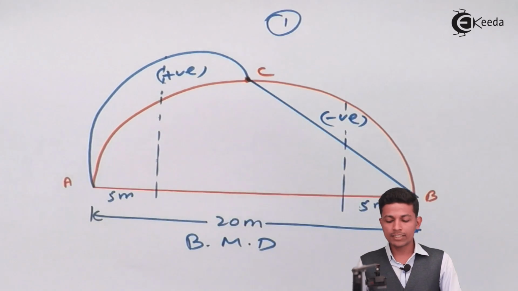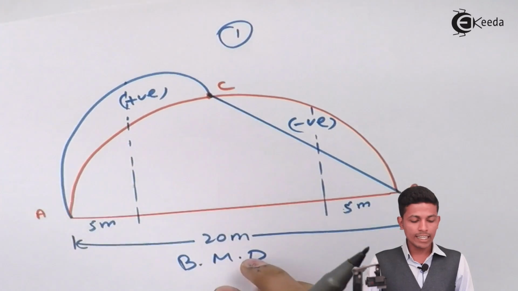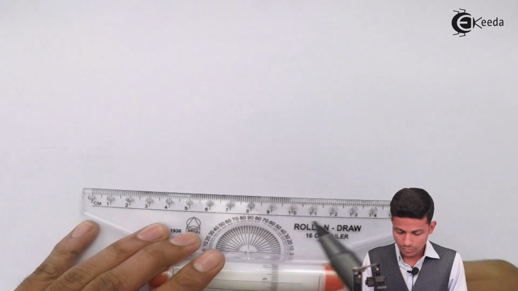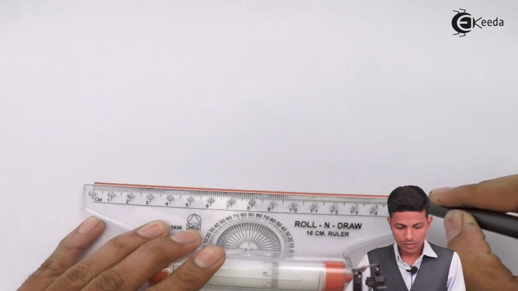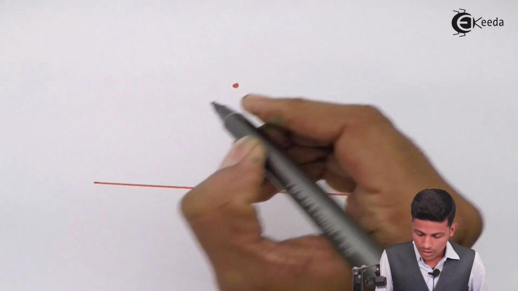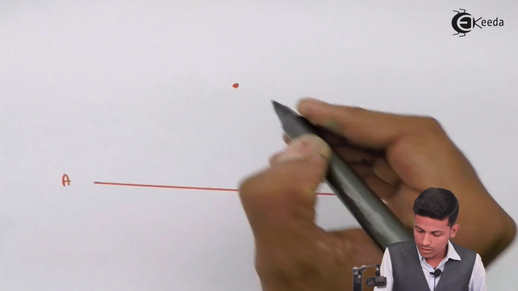Now in the second type, draw the diagram. Okay, now see, this is your A part, this is B part, this is C part.